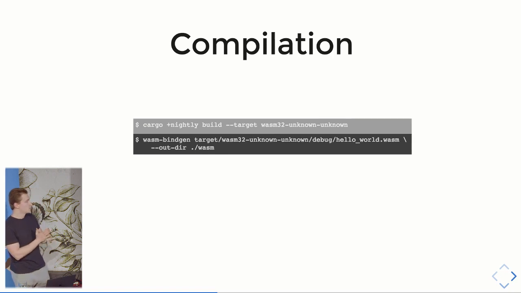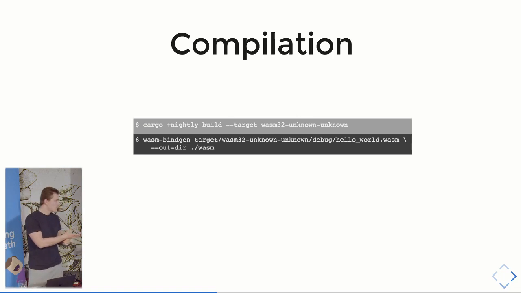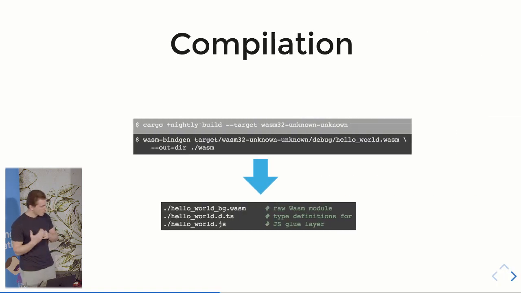Afterwards, we again need to use WASM binding, but this time a CLI tool that will also generate, for the already created file, glue that we will actually ship as a package to JavaScript. So the result of the execution of WASM binding is 3 files. The first one is the raw WASM file that was generated from the first command, but it will just be copied into the same location where the next 2 files are located.